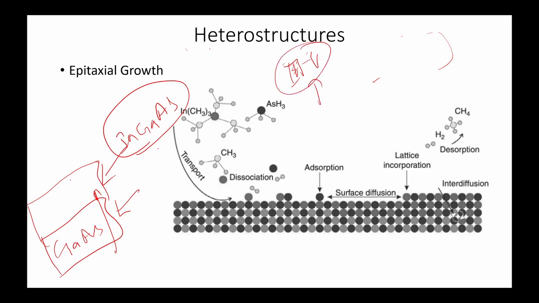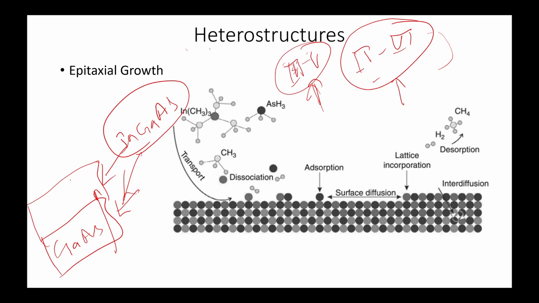Okay, and this is from the same family. So this should not be from a different family, which is 2-6. This is one family, this is one family; 3-5 is one family, 2-6 is one family.